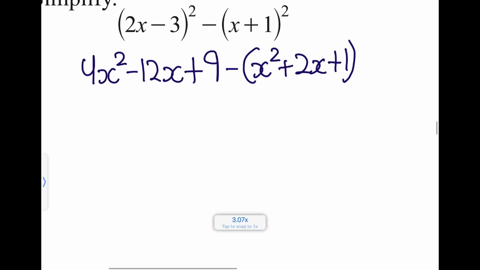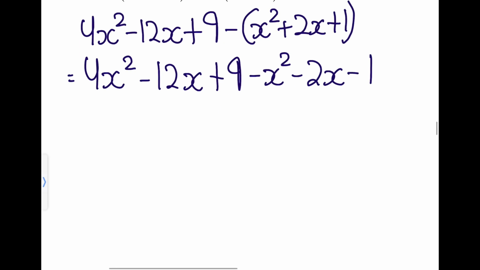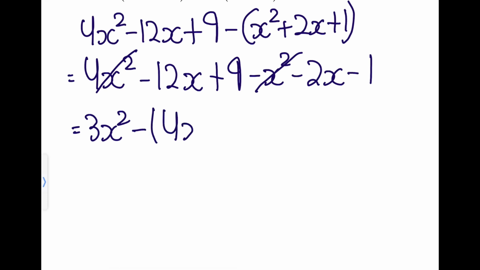After this it's going to be 4x squared minus 12x plus 9 minus x squared minus 2x minus 1. That's going to be 3x squared. So I've taken these, negative 12x and negative 2x gives negative 14x, then 9 minus 1 is 8.